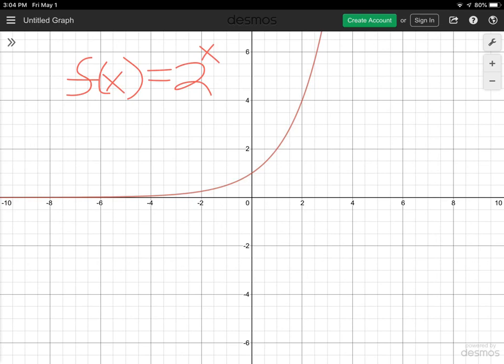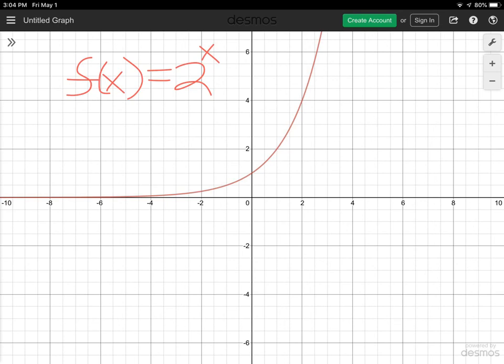I'm going to be applying specific transformations to each of them, and fortunately we're zoomed in enough that you can actually see the grid and see how the points will change. I'm going to be putting in one transformation at a time. So we're going to start by looking at the impact of a, and we're going to see what happens when we vertically stretch, when we vertically compress, and when we vertically reflect.